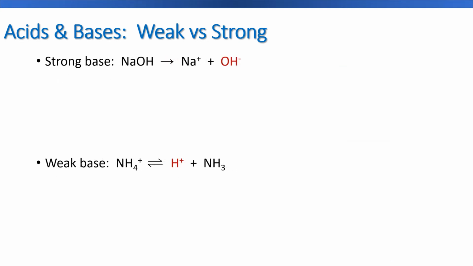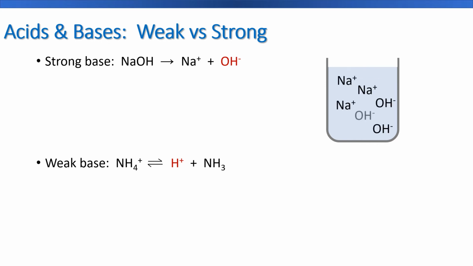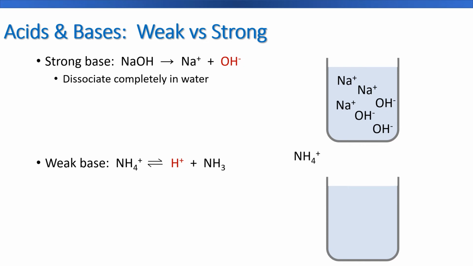Now, bases can be strong or weak as well, and we can take a strong base such as sodium hydroxide and put it into water, and we could predict, based upon what we know now about strong acids, that it's going to dissociate completely in water. And on the other hand, we could take a weak base such as ammonia and predict that it won't dissociate completely in water.